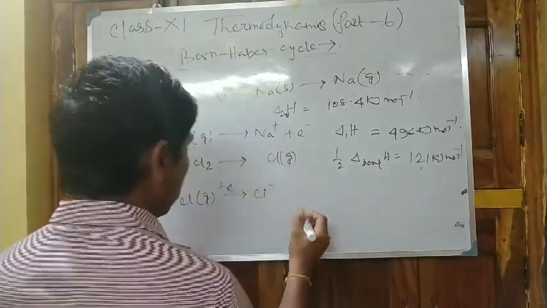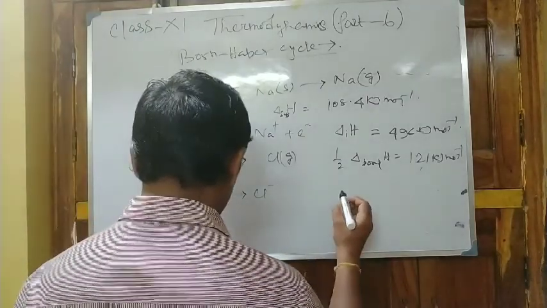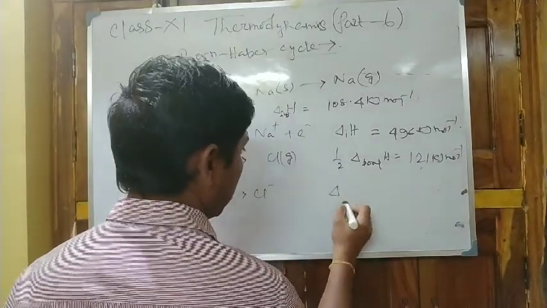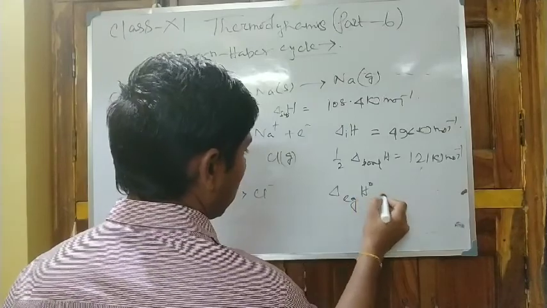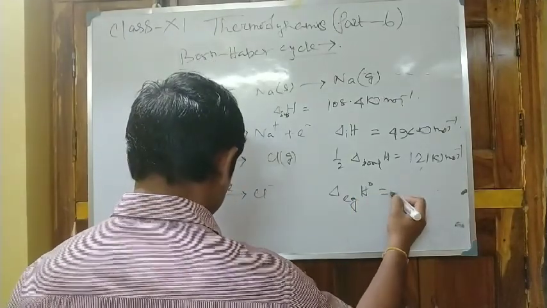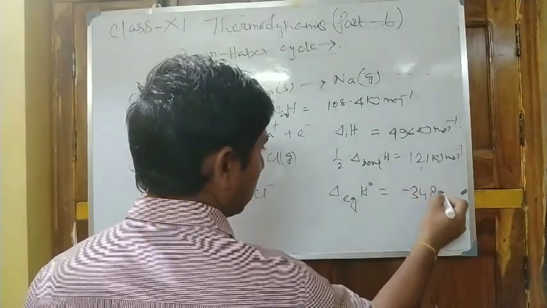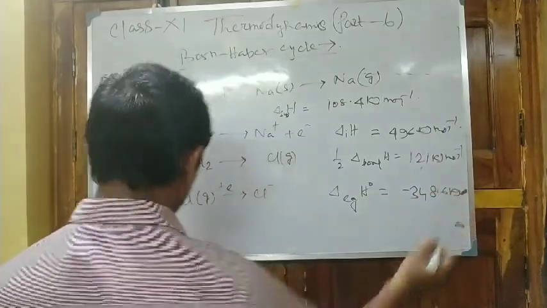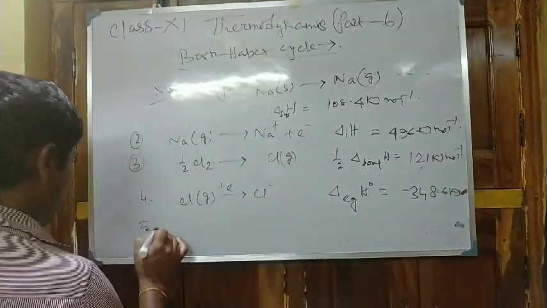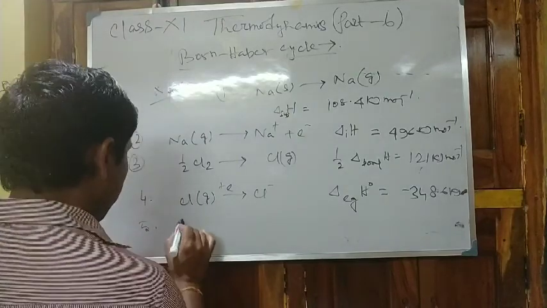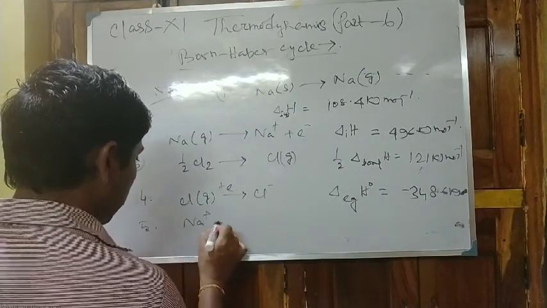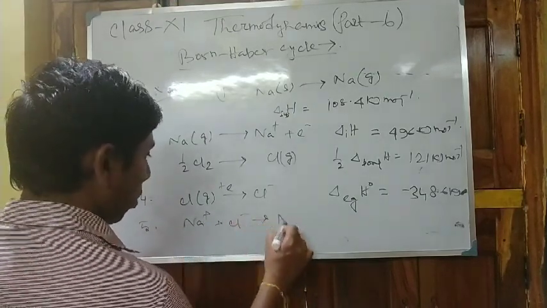This is called electron gain enthalpy, delta electron gain H, equal to minus 348.6 kilojoule mole inverse. And step number 5, Na plus and Cl minus forming NaCl.